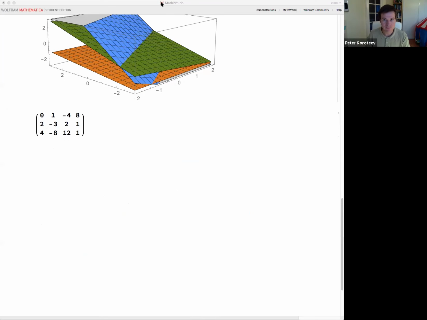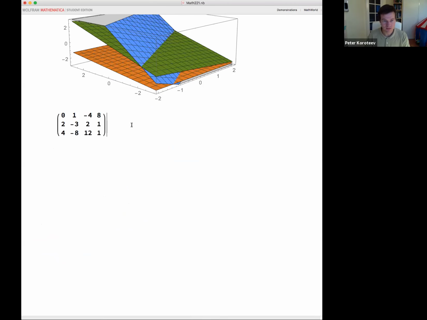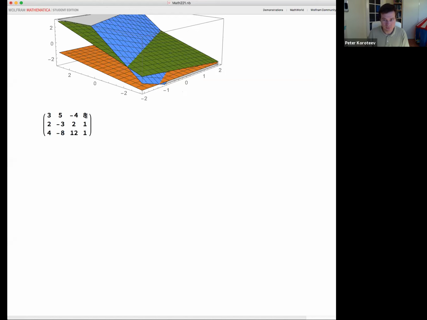So the augmented matrix will look like 3, 5, minus 4, 7, minus 3, minus 2, 4, minus 1, 6, 1, minus 8, minus 4.